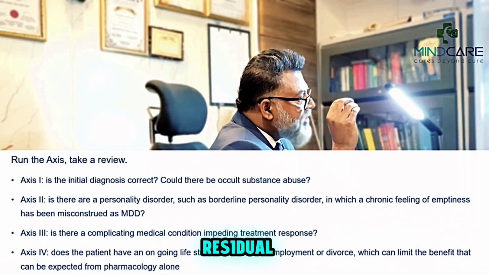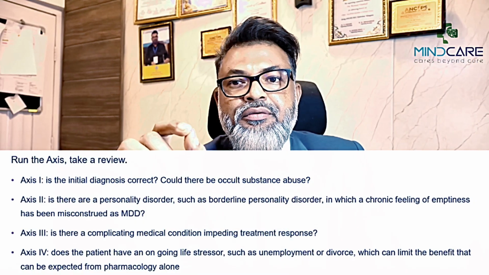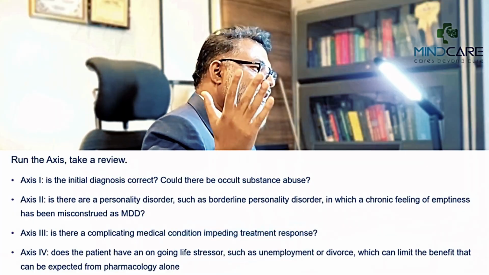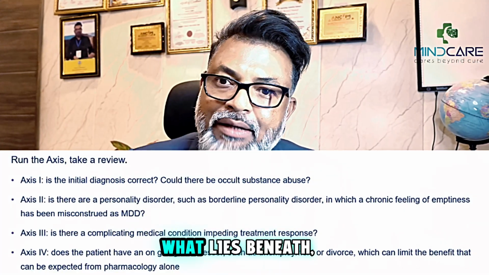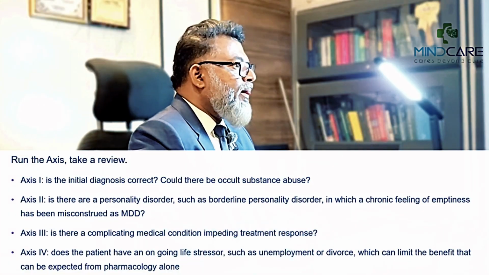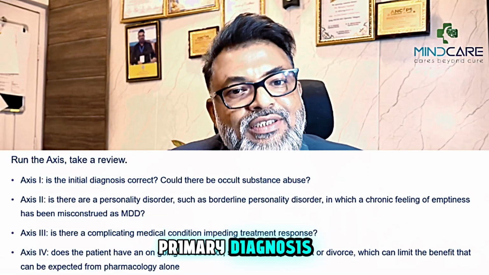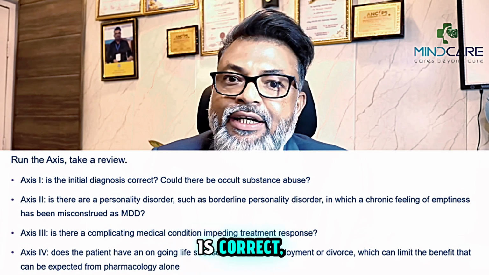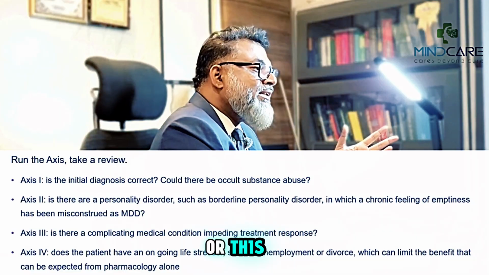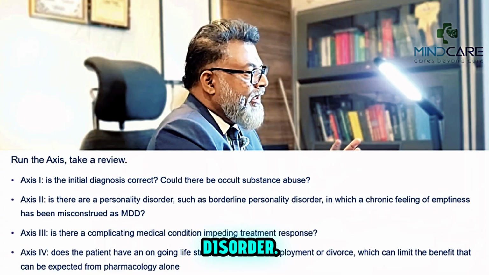When residual symptoms persist, the first step is to reconsider the diagnostic framework rather than immediately escalating pharmacotherapy or going to some other form of therapy. We should see what lies beneath, and a structured axis-based review is helpful. On axis 1, we should see whether the primary diagnosis is correct, whether the diagnosis of depression is correct or something else lies beneath. Is there an anxiety disorder, or is this depression of bipolar origin, or is it associated with substance use disorder?